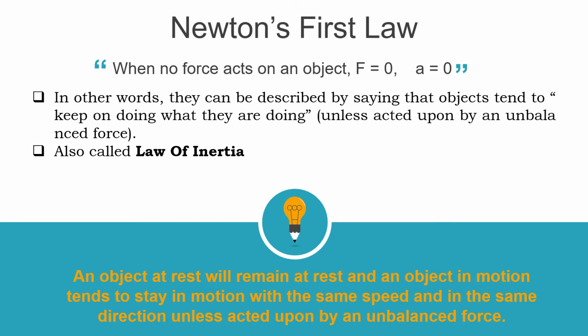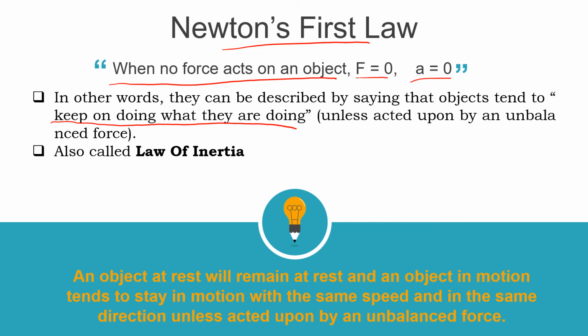Okay, so first we move on to the Newton first law. So when no force acts on an object, which is F is equal to 0 or a is equal to 0, so it will go to the Newton first law. Where, in other words, they can be described by saying that objects tend to keep on doing what they are doing unless acted upon by an unbalanced force, also called law of inertia.